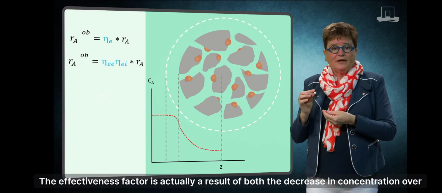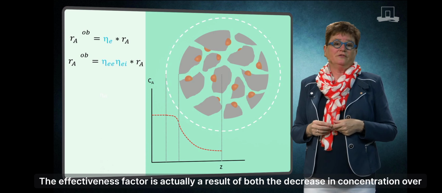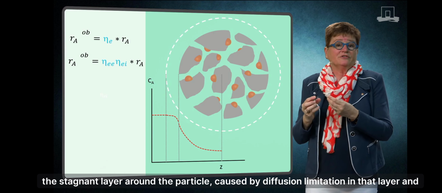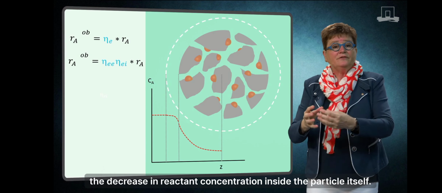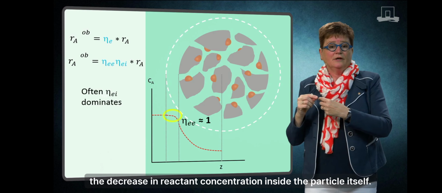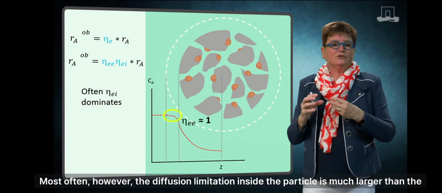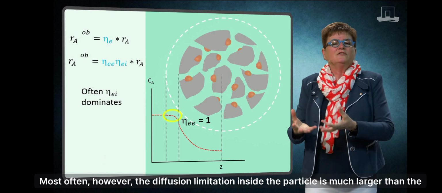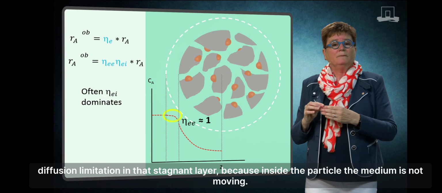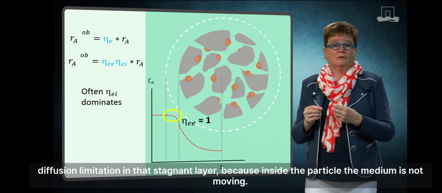The effectiveness factor is actually a result of both the decrease in concentration over the stagnant layer around the particle, caused by diffusion limitation in that layer, and the decrease in reactant concentration inside the particle itself. But most often, the diffusion limitation inside the particle is much larger than the diffusion limitation in that stagnant layer, because inside the particle the medium is not moving.